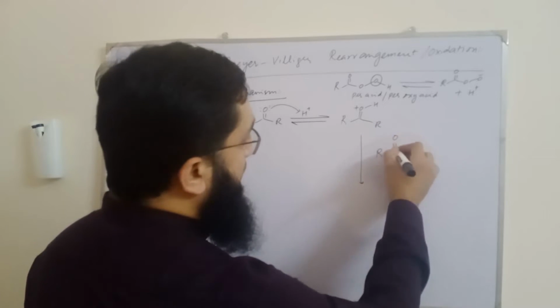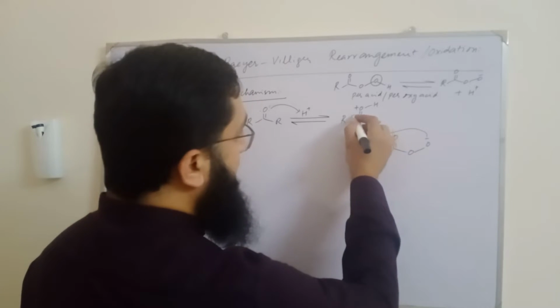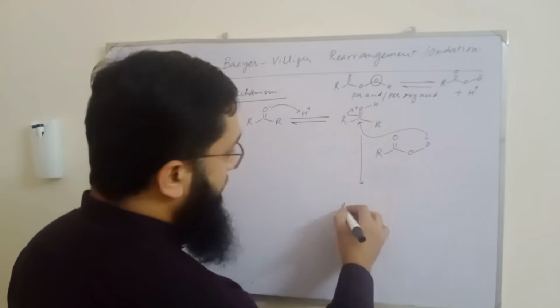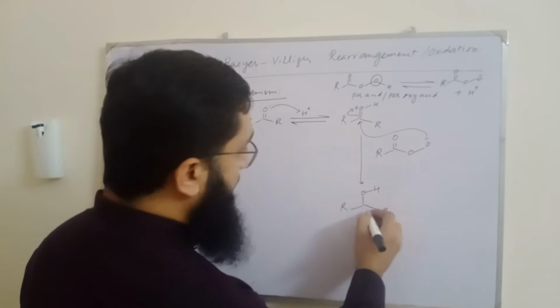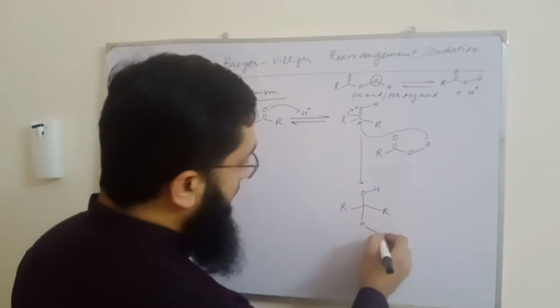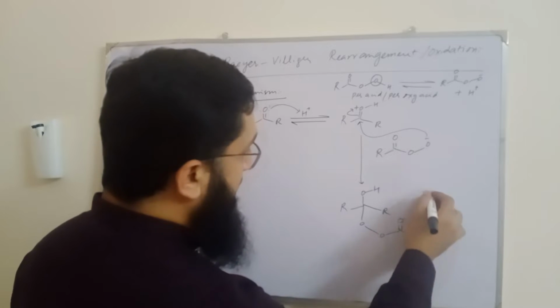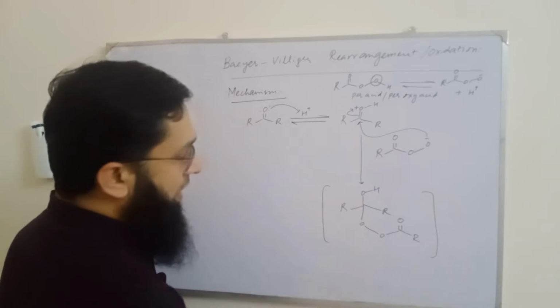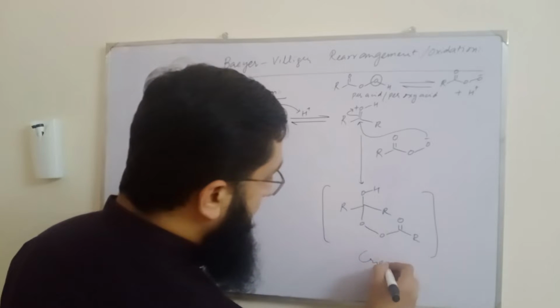So in the next step, this anion would attack here and we would get the addition, and this intermediate is formed, and this intermediate is Criegee-like intermediate.